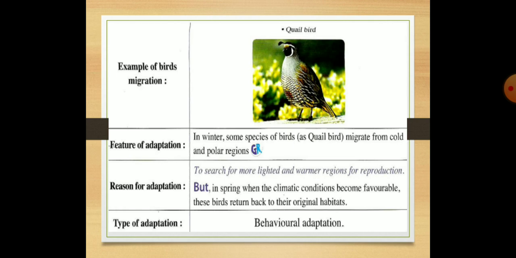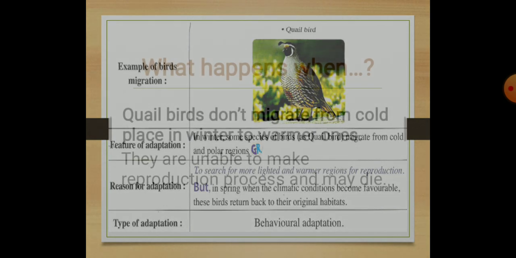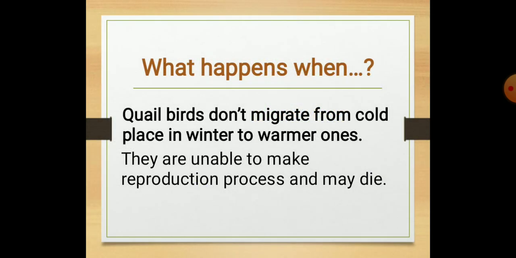So this type of adaptation is behavioral adaptation. What happens when quail don't migrate from cold places in winter to warmer ones? They are unable to reproduce and may die.